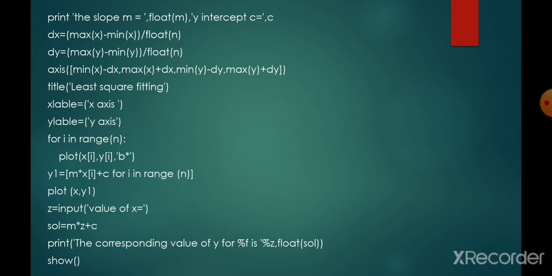Plot x y1, z equal to input of value of x, solution m star z plus c. Here this step is to find the value of force corresponding to the value of L equal to 150 degree, and print the corresponding value for the force. Then we can easily get the solution for a value of force.